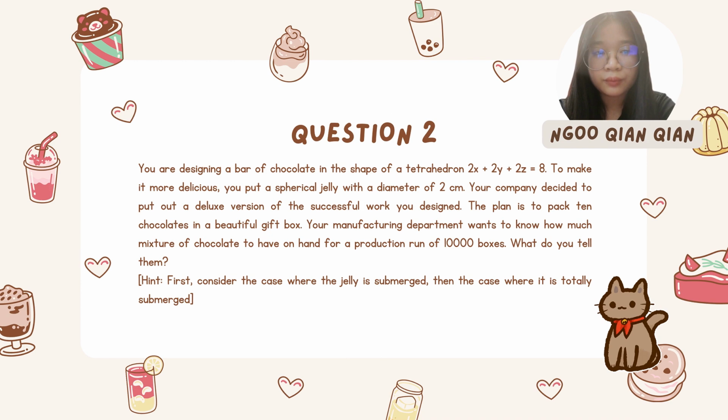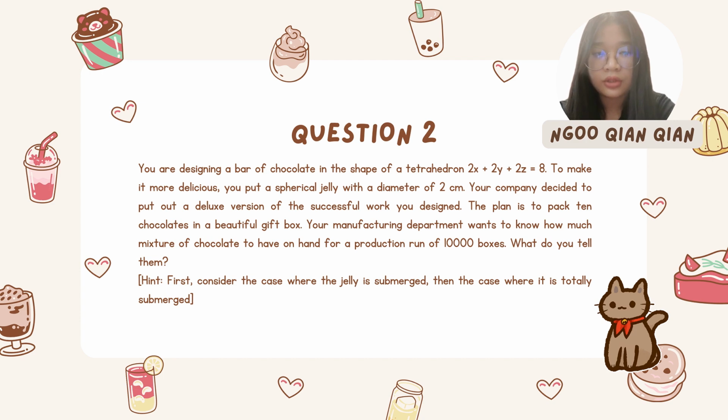In question 2, we are designing a bar of chocolate that takes the shape of a tetrahedron bounded by the equation 2x plus 2y plus 2z equals 8. A spherical jelly with a diameter of 2 cm is placed inside the chocolate to enhance the flavor. The company has decided to launch a deluxe version of the chocolate, packaging 10 pieces in a beautifully designed gift box.